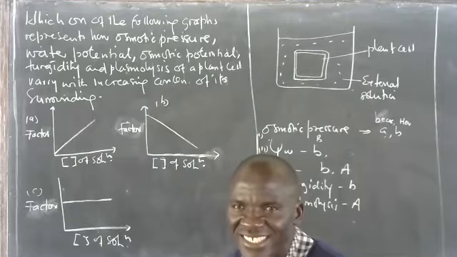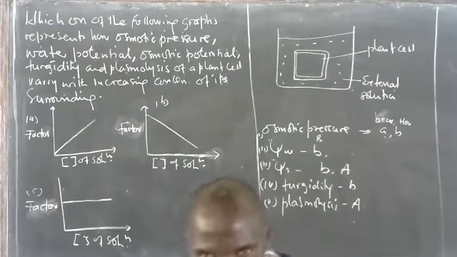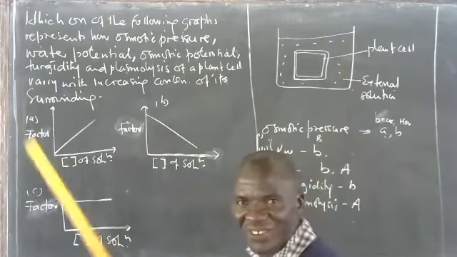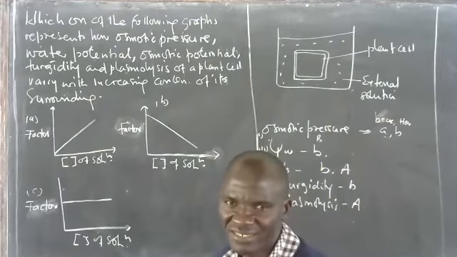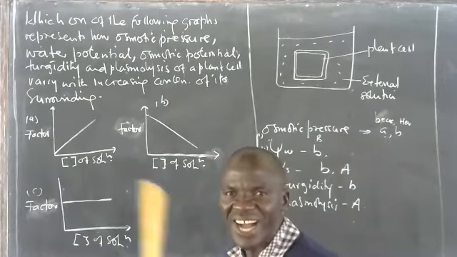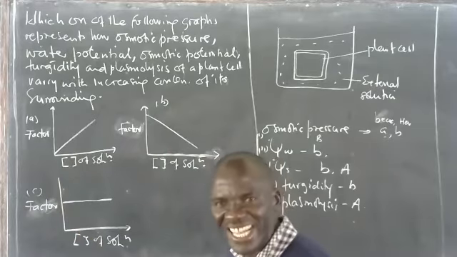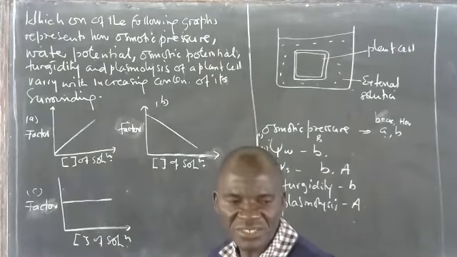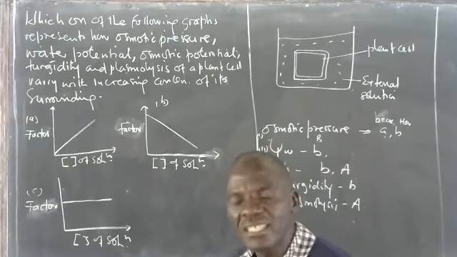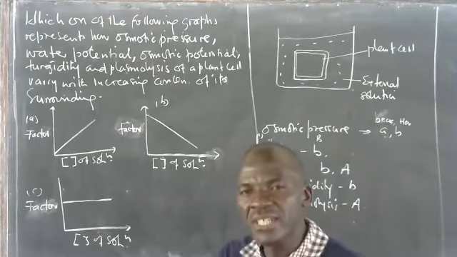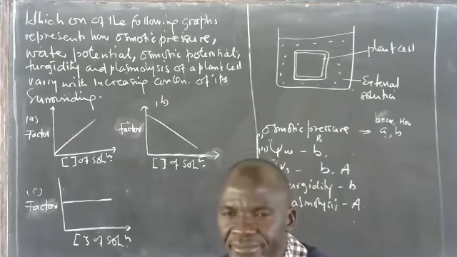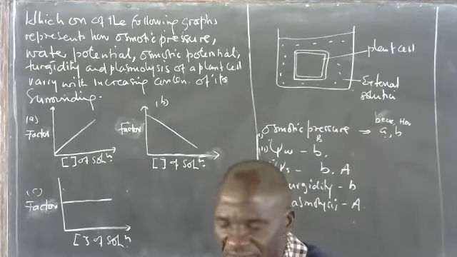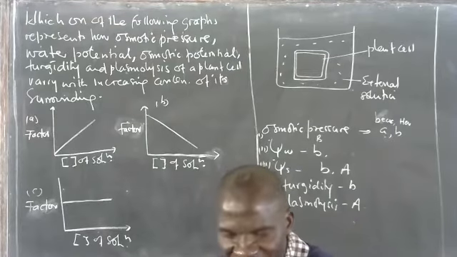It increases. Its concentration increases. Fine, that's correct. As the cell loses water to the surrounding, its concentration is increasing. That's very right. Now, since I said osmotic pressure is directly proportional to the concentration, what will happen to the osmotic pressure of the cell? Will it be decreasing or increasing?